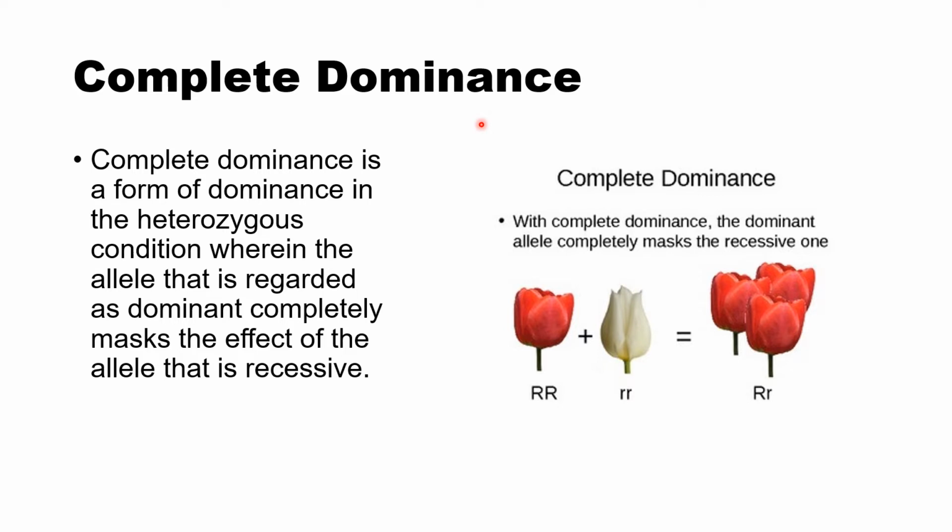So, kahit na pinagmate mo yung dominant or yung cattle that is horned with the cattle that is polled or not horned, yung lalabas pa rin sa situation na complete dominance is yung cattle na may horn. So yun. Kasi yung horn na trait, yung nagdidictate nung trait na yon is yung dominant na allele. So yun yung complete dominance na tinatawag.